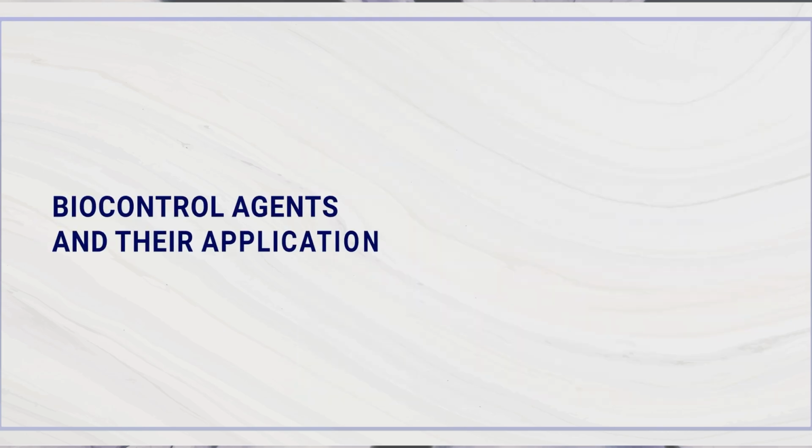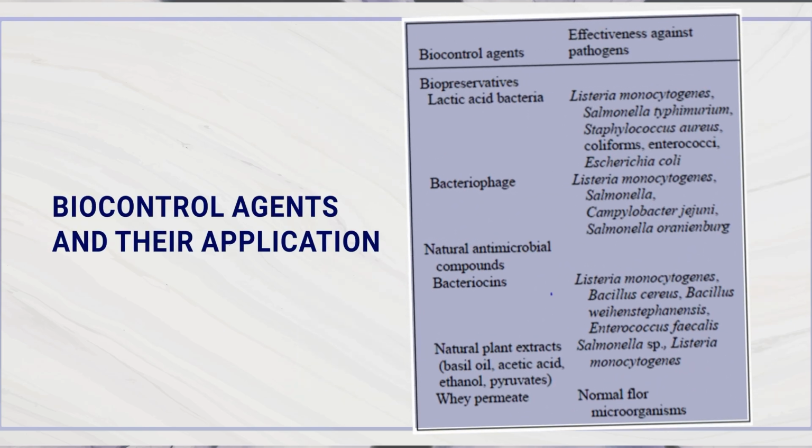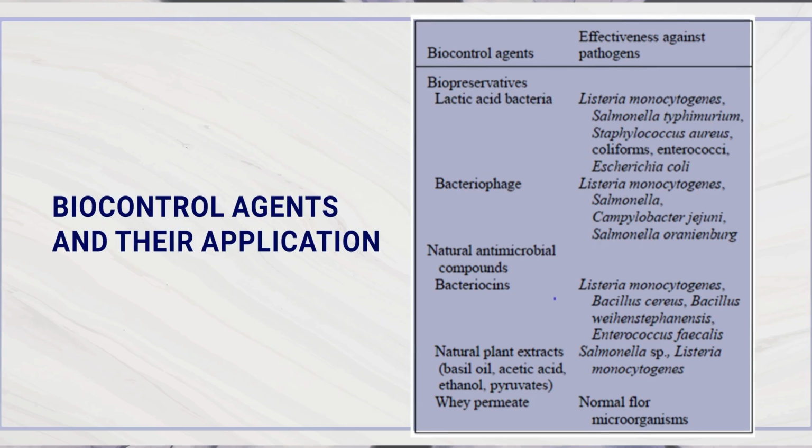bioactive or biocontrol measures, some biocontrol agents could be biopreservatives, which could be lactic acid bacteria, bacteriophages, and natural antimicrobials, which could be bacteriocins produced by certain bacteria. And you see on the right side, they are effective against pathogens.